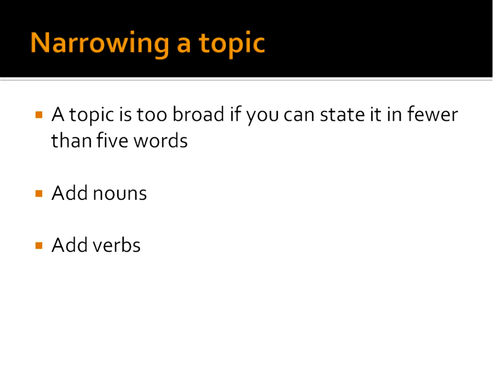Adding verbs might also be helpful. What is it that this particular thing does? Right? How Jonathan Edwards' views on emotion shape early Christianity, or Christianity in the early United States.